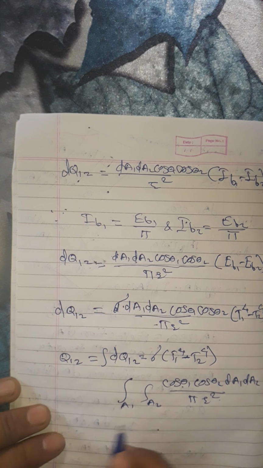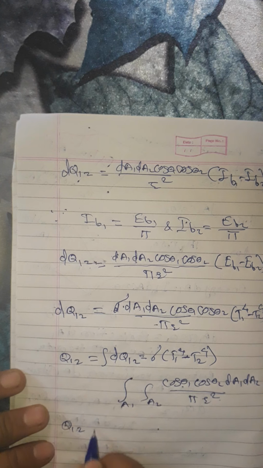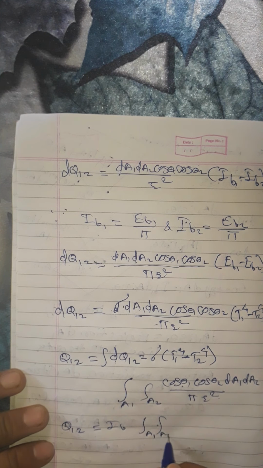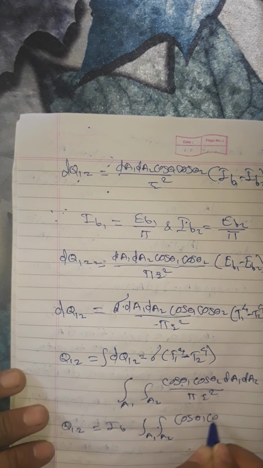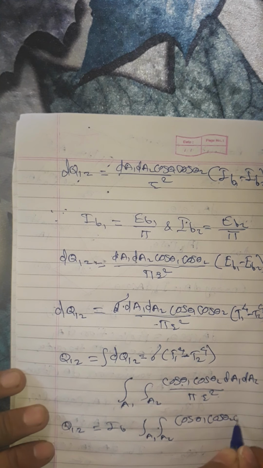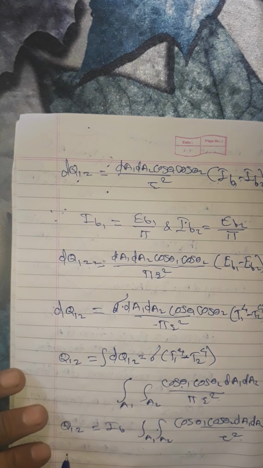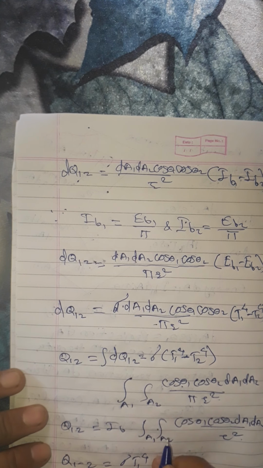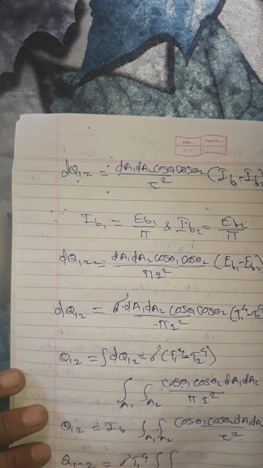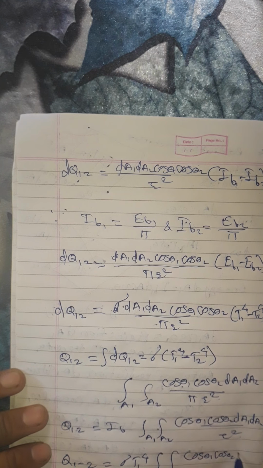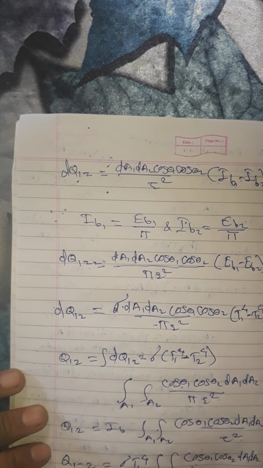We have the net rate Q1 to 2 as IB into A1 A2 cos theta 1 cos theta 2 dA1 dA2 divided by r square, and we can write Q1 to 2 is equal to sigma T1 raised to 4 into A1 A2, cos theta 1 cos theta 2 dA1 dA2 divided by pi r square.